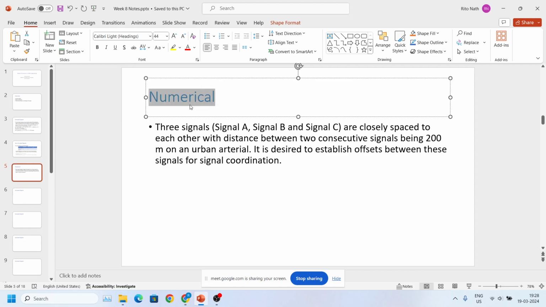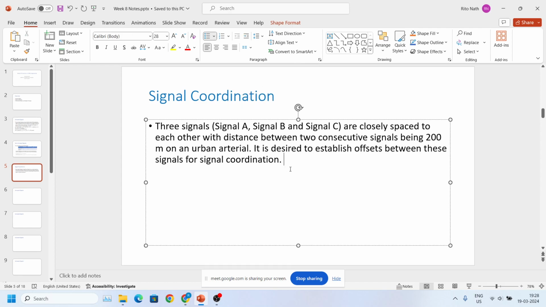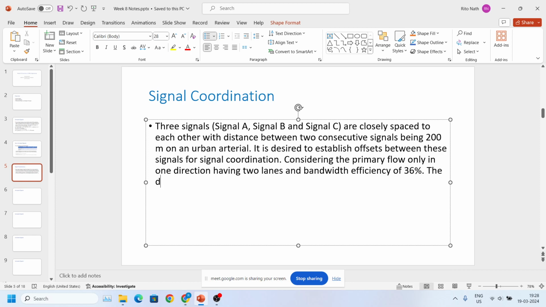So let me actually write it as signal coordination. So considering the primary flow only in one direction, having two lanes and bandwidth efficiency of 36%, the desired progression speed is 45 km per h.